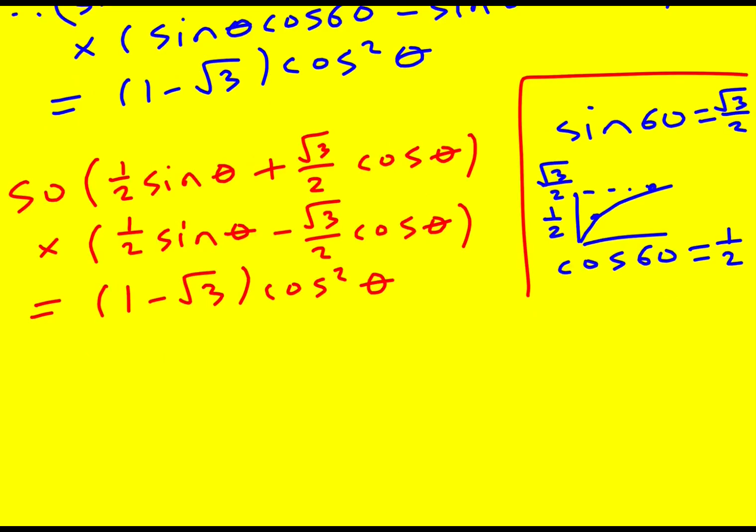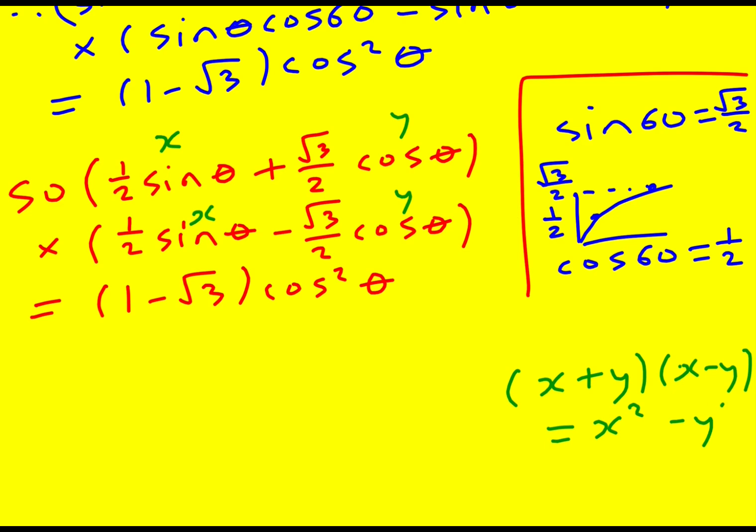Now this, we don't have to multiply the whole thing out because we basically have x plus y times x minus y. This bit here is the x and this bit here is the y. So you can hopefully see that. And that gives you a difference of two squares, x squared minus y squared.